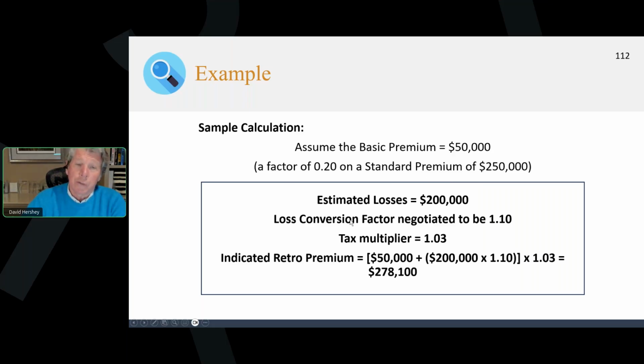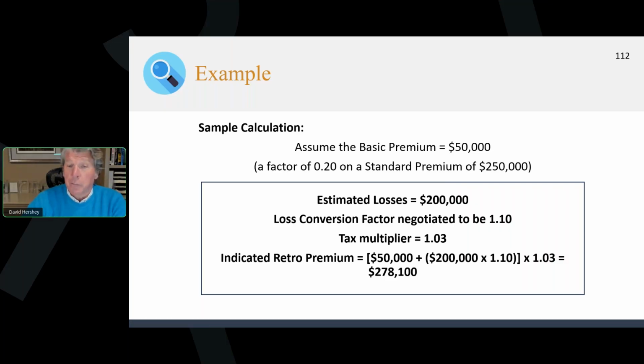And it's an estimate. Sometimes people will quote these things and say your annual premium is going to be 278,000. Well, no. Although it's possible, it's highly improbable. In order to make this a firm quote, your losses have to be exactly 200,000.